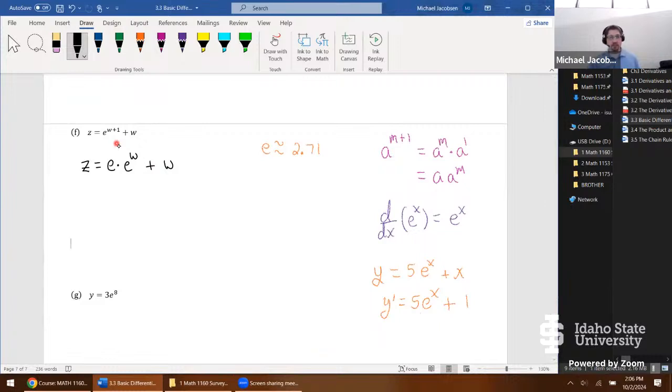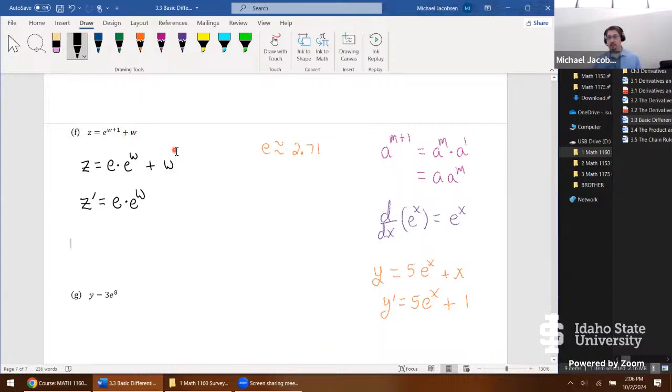We'll say that z prime, if you prefer Leibniz notation, you might write dz dw, but we'll just go with the z prime on this one. We're trying to give the notations their equal fair share. So z prime will be, first, that's a constant multiplying a function. So the constant e copies in. Differentiate e to the power of w, and you get times e power w.